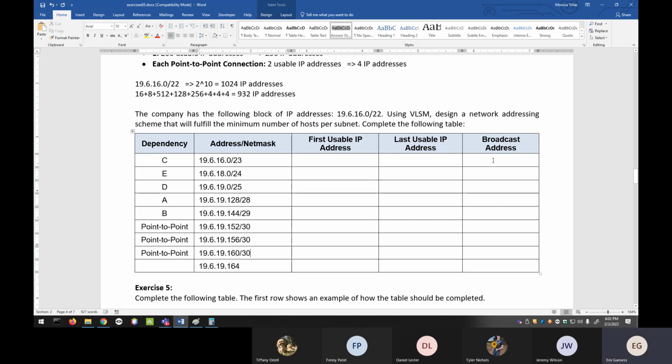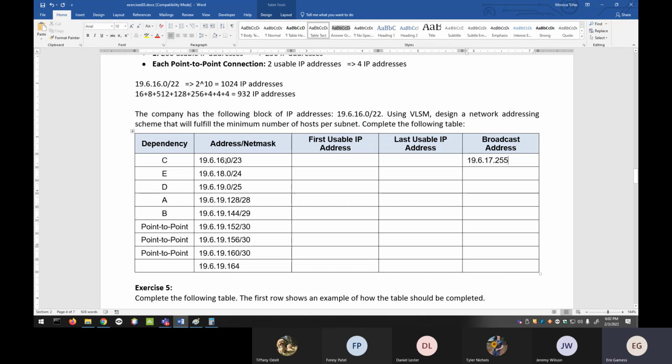Let's fill it. What will be the broadcast address here? One IP address before this IP address will be what? Exactly, 17.255. So this network has all the 16 and all the 17.